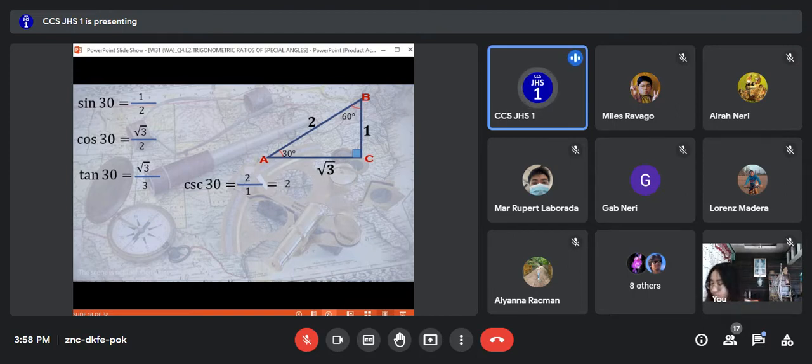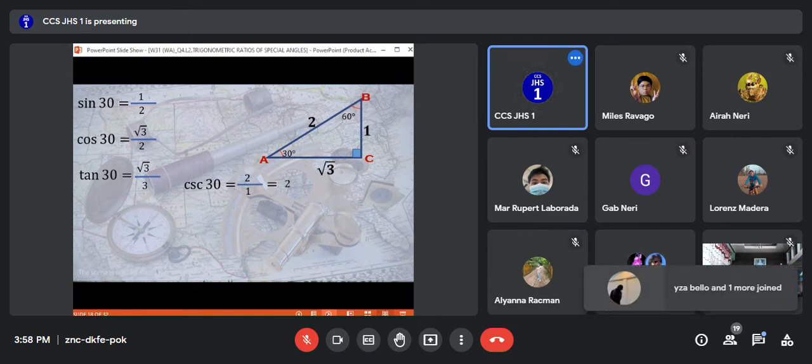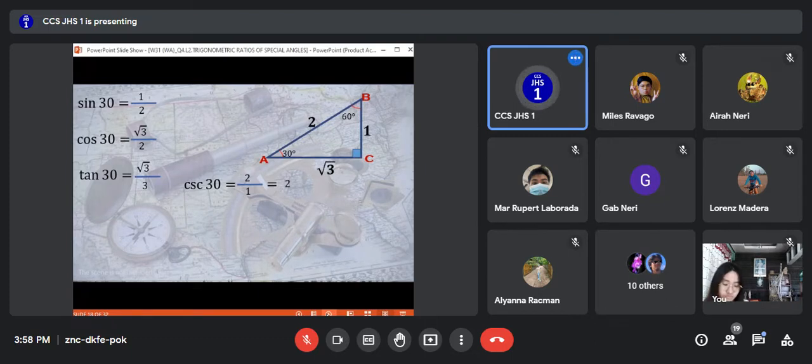Do you have a cosecant key on your calculator? Yes or no? There is none, right? Mine is not that high-tech. Now, how do we determine the value of the cosecant using your calculator? Cosecant is the reciprocal of sine, class.